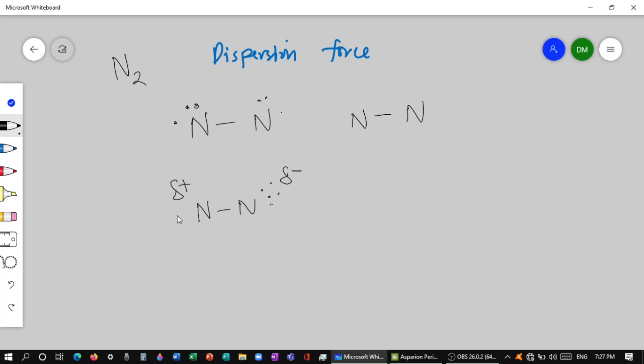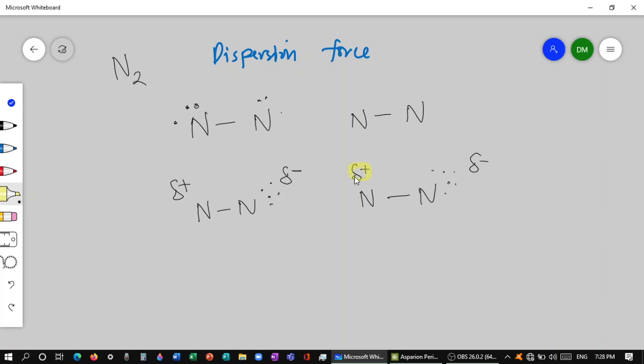And let's say the same thing happened to another N2 molecule. Again, it has electrons around, and let's say, for example, at one moment, all the electrons are over here. At this moment, this side becomes partially negative, and this one becomes slightly positive. Now, in this case, there is a slight charge.